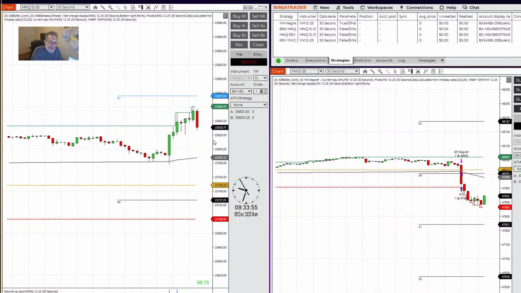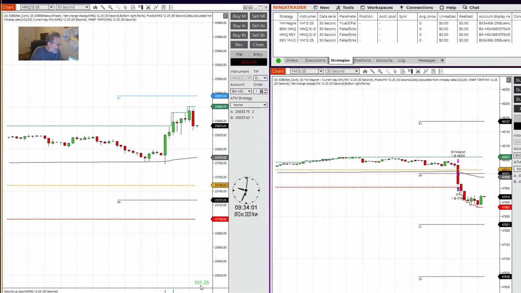So there may be an opportunity for a short on the MNQ, but look, the MNQ is up 100 points also. It's not my favorite short trade when a market's up 100 points. The YM, here's that reversal I was talking about. Change in momentum.